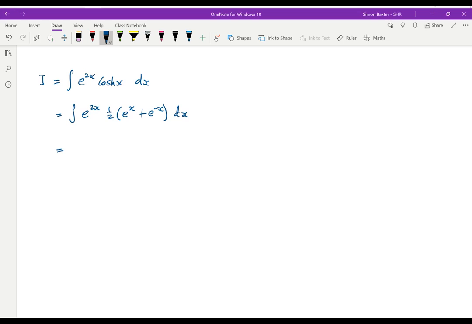And so that is equal to, let's take the half out, integral of e to the 3x plus e to the x. Integrating e to the 3x, I get 1 over 3 times 2 e to the 3x. Integrating e to the x, I get e to the x times a half plus c. So that was very simple when we decided to use the exponential form.